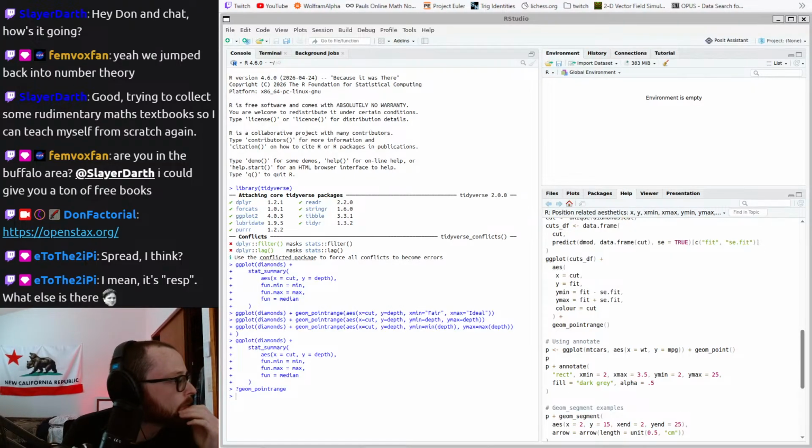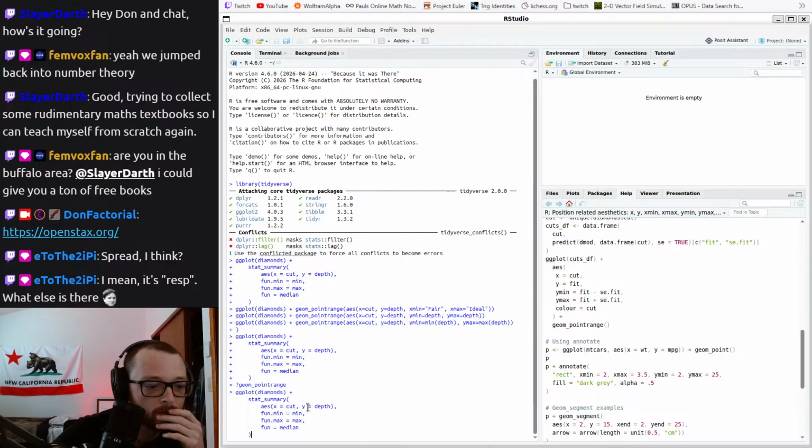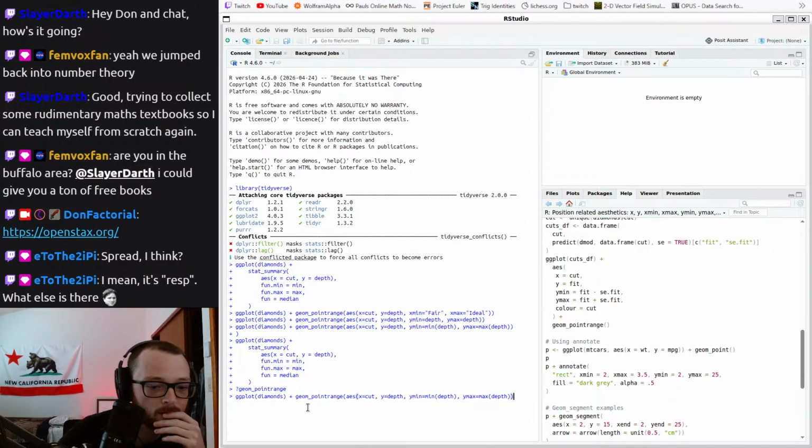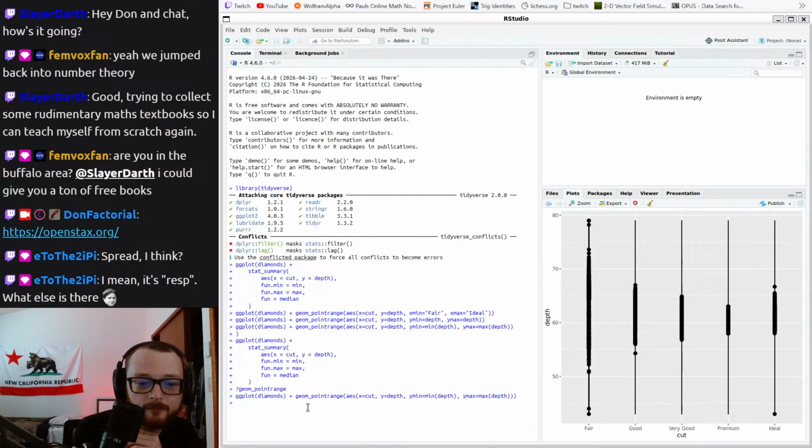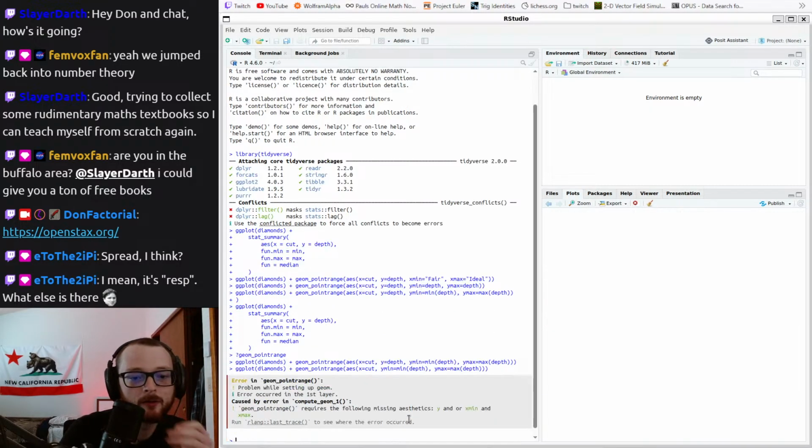Why didn't what I said work? I feel like this is perfect. But it's not. Ooh, wait. What if I delete y equals depth? Would you be happy then? No, you would not be happy then.